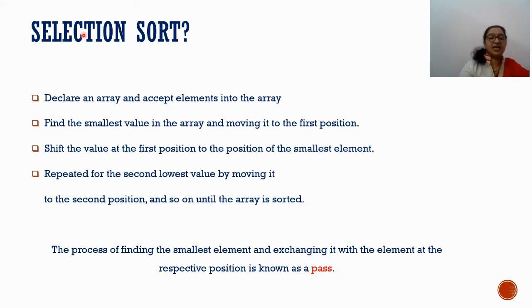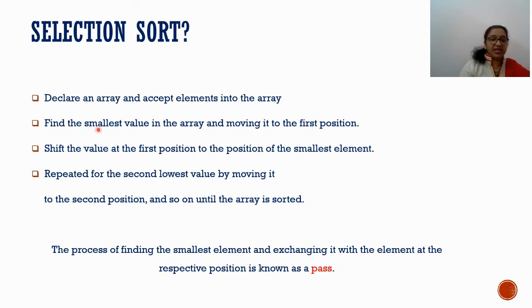So what are we selecting? We can go through these important points here. First we want to declare an array and accept elements into the array. So we are declaring an array and inputting all the elements. Now the logic begins. Find the smallest value in the array and move it into the first position.